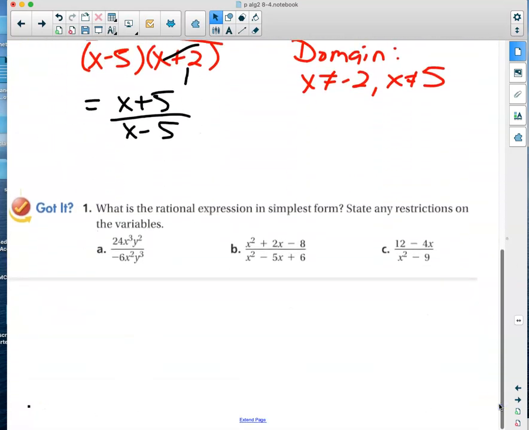Alrighty. A looks different. Well, we're not talking about quadratics here, so we're not going to really factor these. This is a lot like what we did when we were doing the MCA review. Do you remember it? But before we get started with the canceling, we need to warn people, don't try and put this in for x and y.